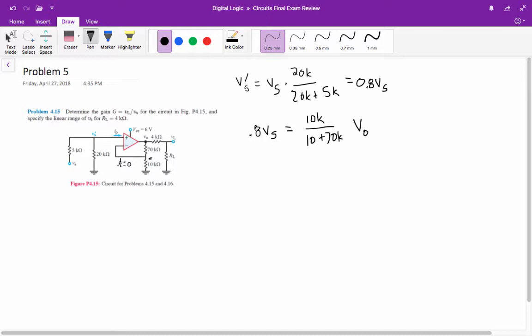It's 0.8 VS. So now we have 0.8 VS equals 10K over 80K, or 1/8 V out, or now we have that V out equals 6.4 VS.